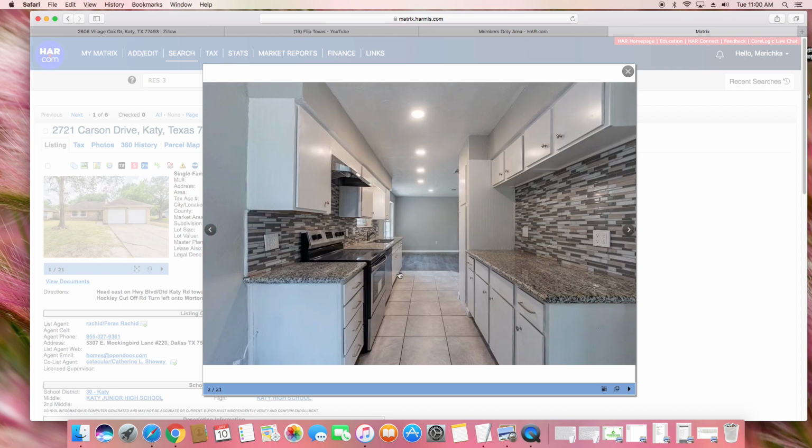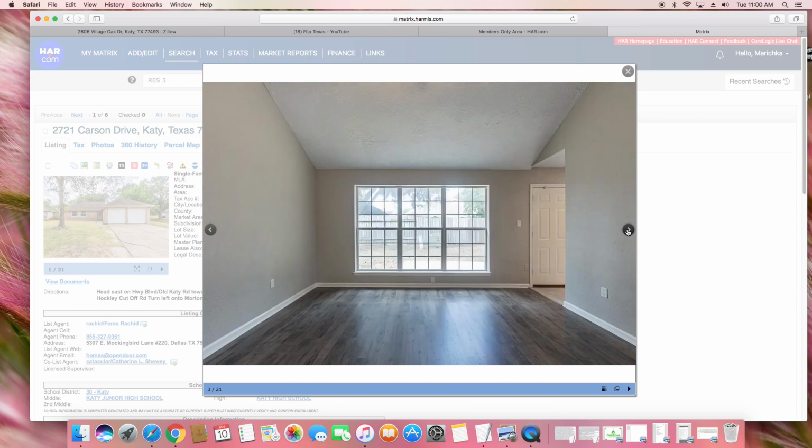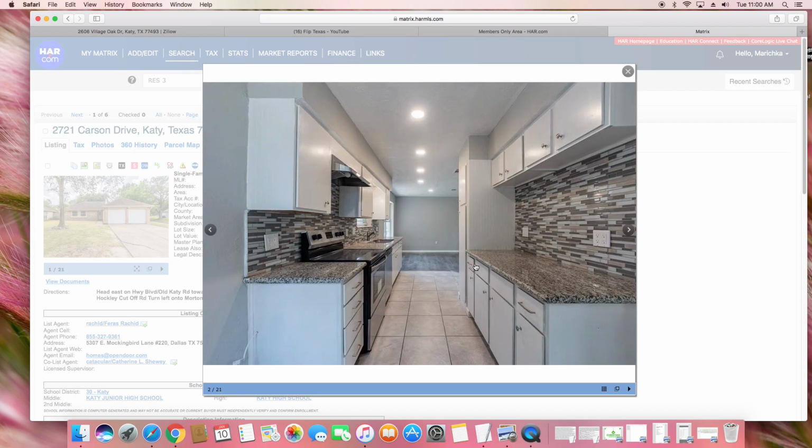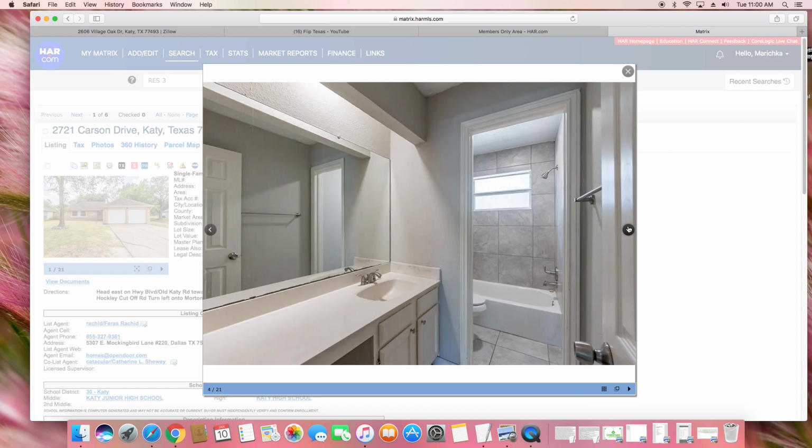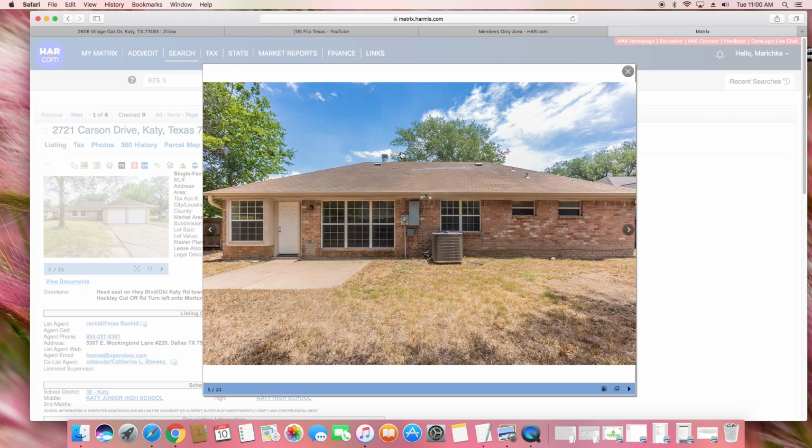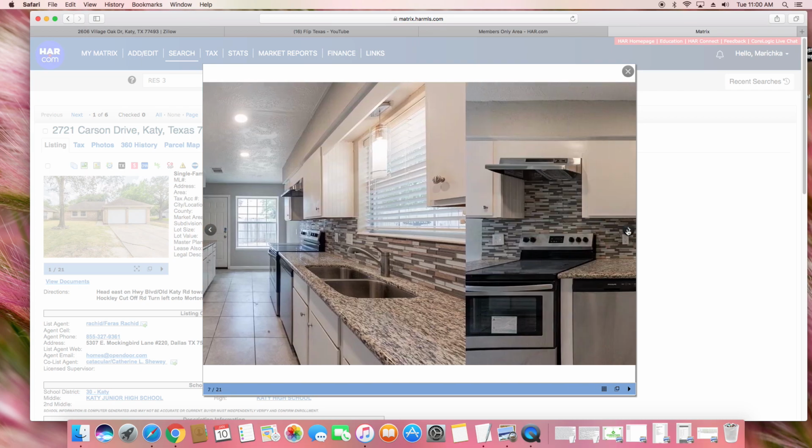But it looks like a fix and flipper probably came in here, did this new backsplash, these counters. If you see here, they left the old cabinets and they didn't replace the cabinets. It looks like they didn't do the counters in the bathroom. See, look at this roof. As you can see, this roof really needs to be replaced.